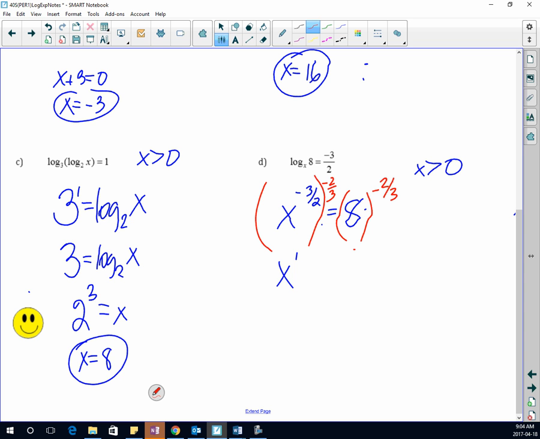Does everybody see that if you power both sides by the reciprocal, the 3's will cancel, the 2's will cancel, and the negative will cancel, and I get x to the power 1. So it's the cube root of 8 to the power negative 2. What's the cube root of 8? 2. 2 to the power negative 2. 1 over 4. Beautiful.